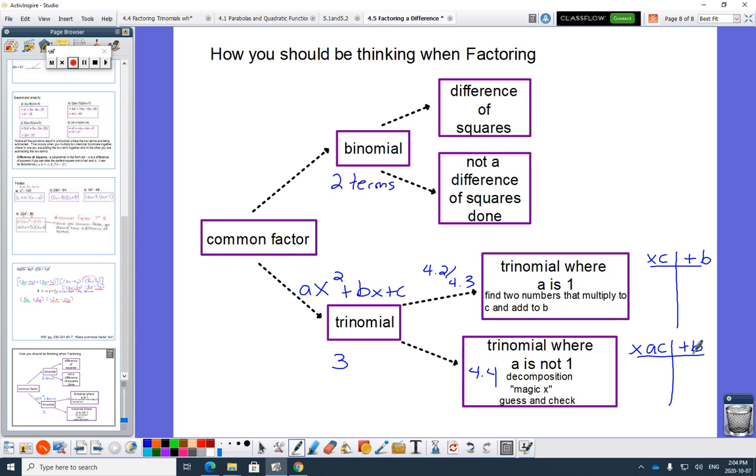If it is not a difference of squares, then you're done. You can't do anything further if you've common factored, and that's it. A difference of squares would look like this. Okay, so this is 4.5, what we did today.